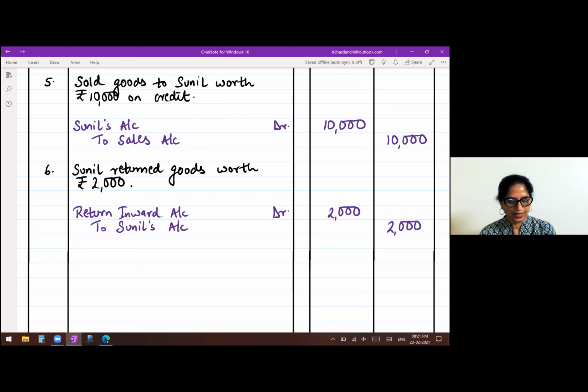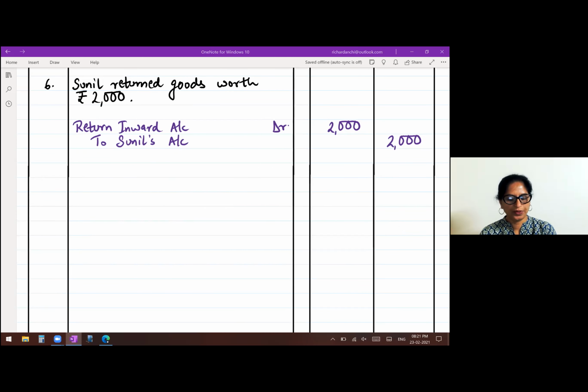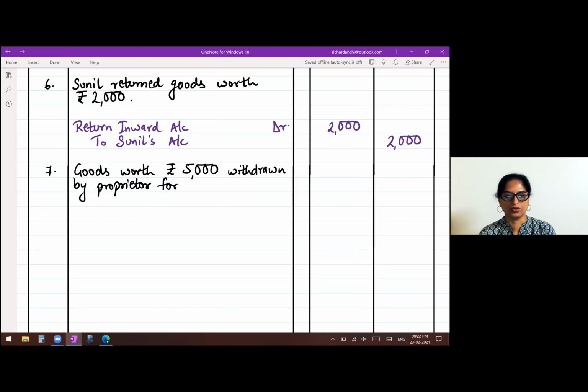Now write the next one. 7th one, goods worth rupees 5,000 withdrawn by proprietor for personal use.